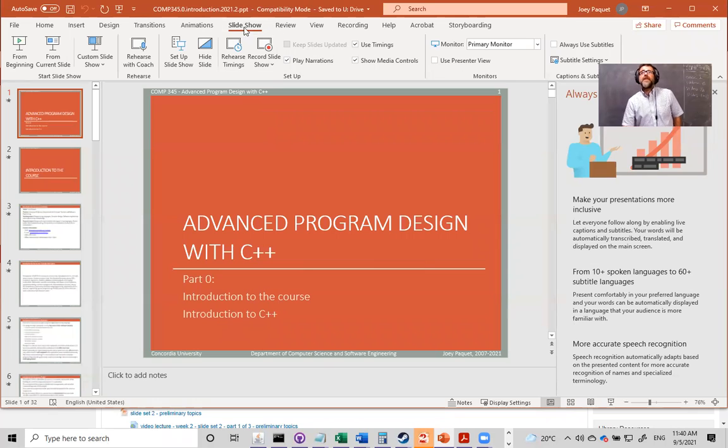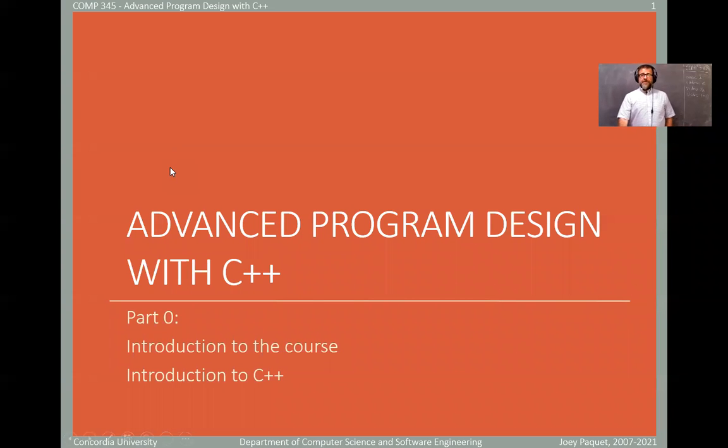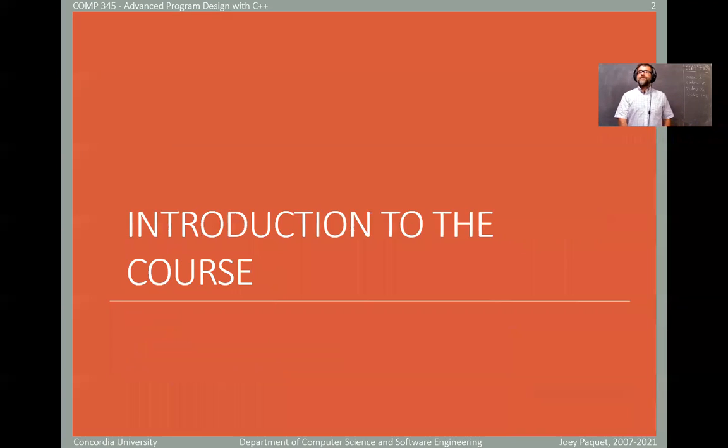Okay, so this slide set 0 has 2 parts. First, introduction to the course, which I'm presenting right now. And then second part is introduction to C++, which is presented in video number 2 for week number 1.